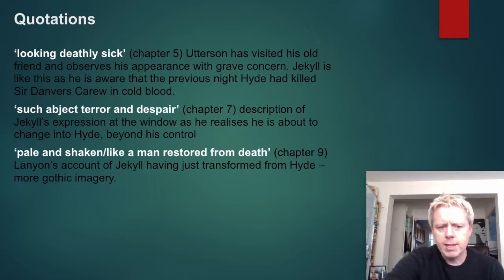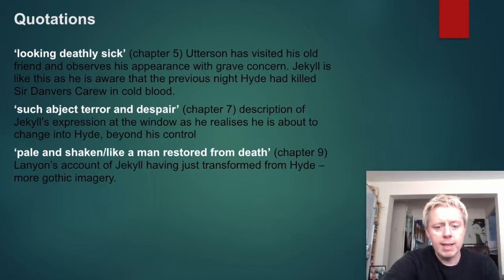So he's at the window, and he's talking down to Utterson and Enfield, and he's suddenly aware that he's about to change into Hyde without warning, and Utterson observes that his expression turns instantly from friendly chat to such abject terror and despair. So it kind of hints at the horror of what Jekyll is suffering through, but we have no idea why or what's going on at this point.